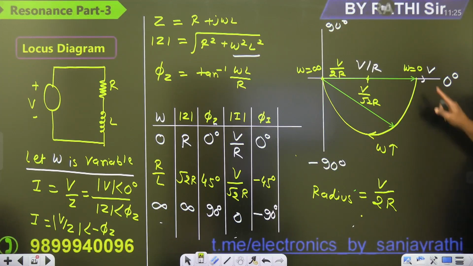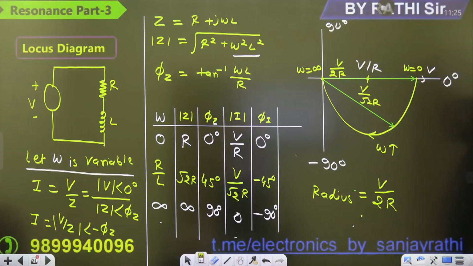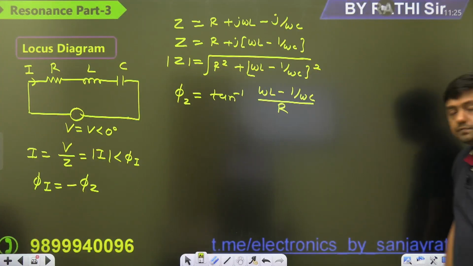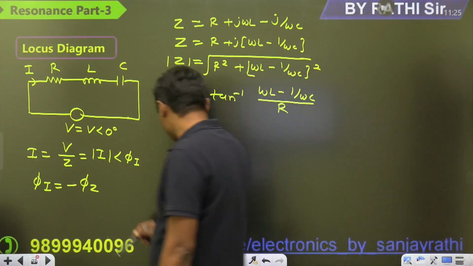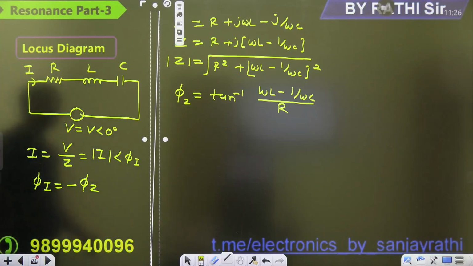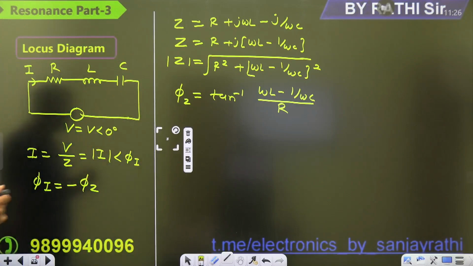If it is in the fourth quadrant, it means it is an RL circuit. But what is the variable here? Omega is the variable or L is the variable, or R is the variable. So we have different types of diagram. At the end, we will conclude. Now, we have different values, guys.